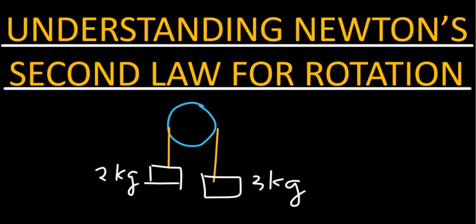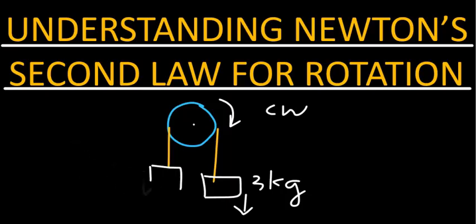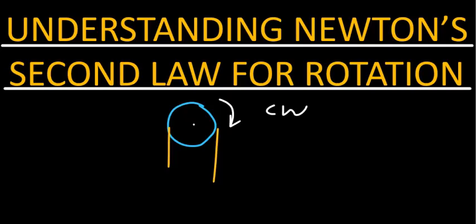Assume this pulley spins about an axis that is passing through the center, coming out of the board, in a clockwise direction as shown. So that means the 3 kg would go down, the 2 kg would go up with a certain acceleration.